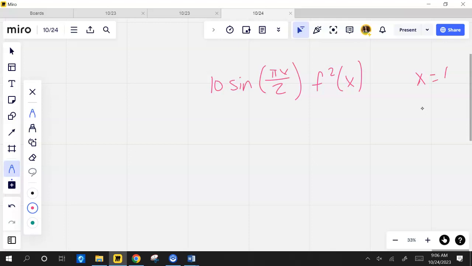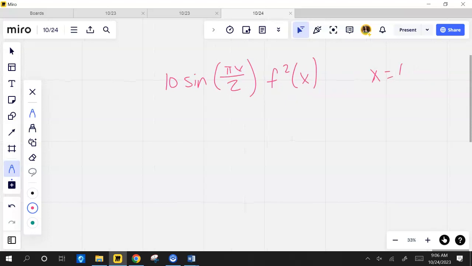What do you think you plug in here, or when do you think you plug in here? That's what I would do too. Then you're going to replace every single x. Watch what we do. 10.